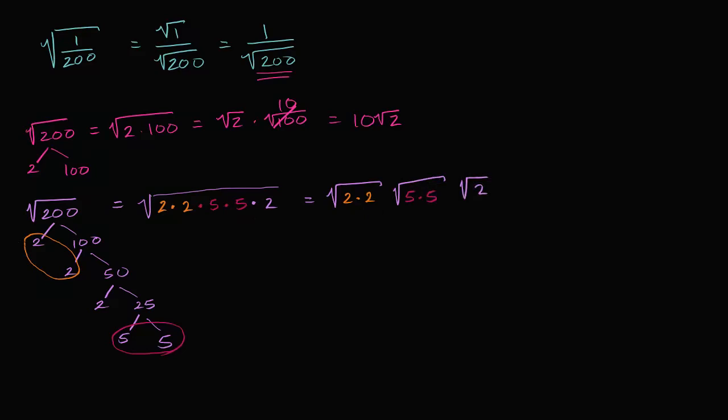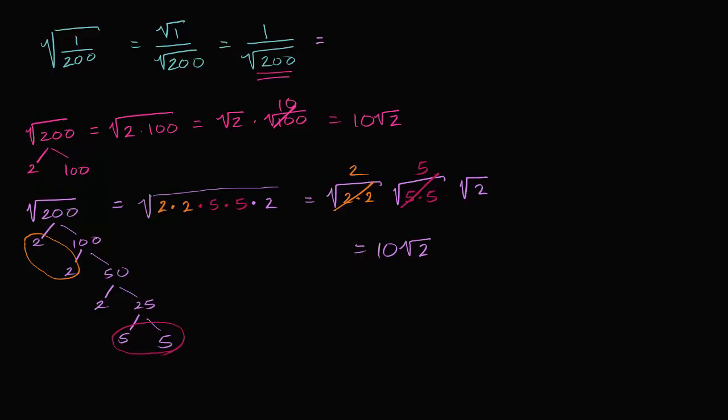The square root of 2 times 2 is just 2. The square root of 5 times 5 is just 5. So you have 2 times 5 times the square root of 2, which is 10 times the square root of 2. So the square root of 200 we can rewrite as 10 square roots of 2.